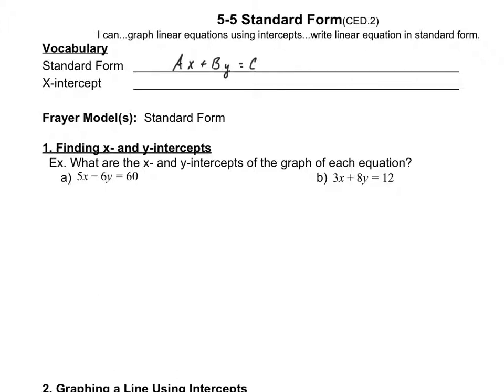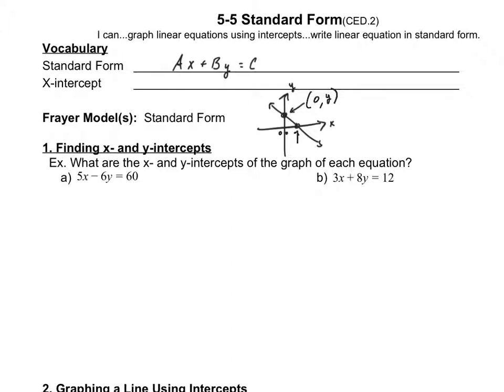So as we look here at finding x and y intercepts, we need to take into account that an intercept is where a line crosses over my axis, this being the x-axis, this being the y-axis. At the origin, 0, 0, the x value is 0 and the y value is just some number.